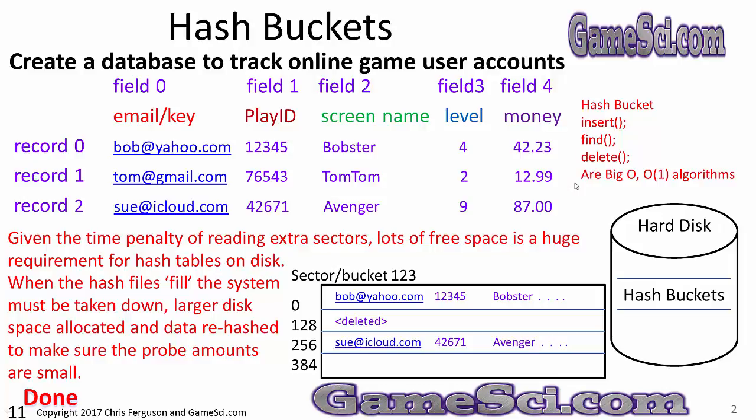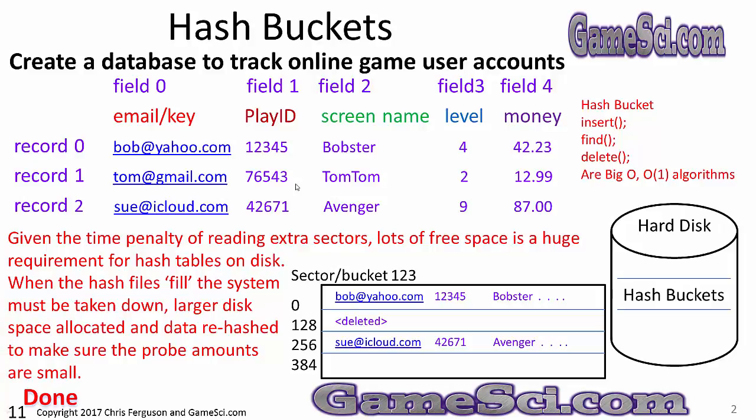Given the time penalty of reading extra disk sectors, lots of free space is a huge requirement for hash tables on disk. When the hash files fill, the system must be taken down, larger disk space allocated, and the data rehashed to make sure the probe amounts are small.